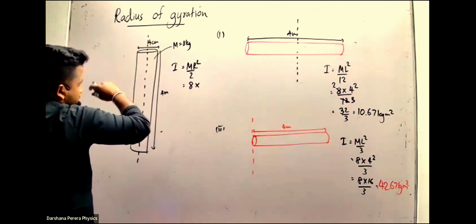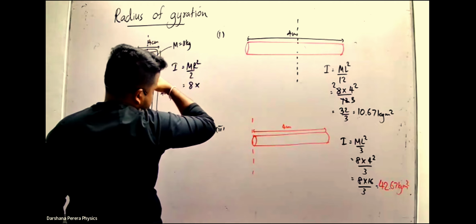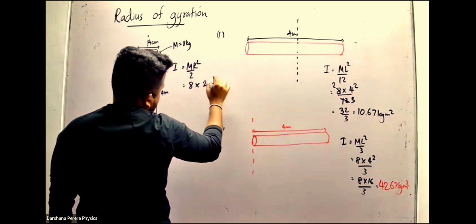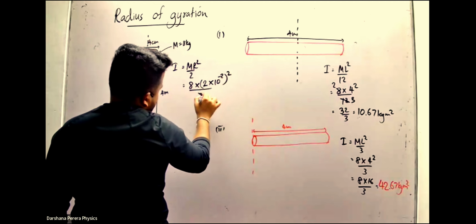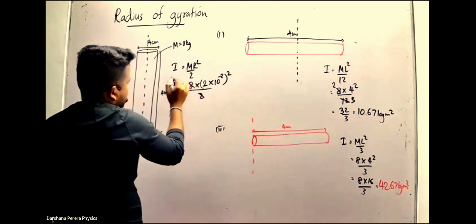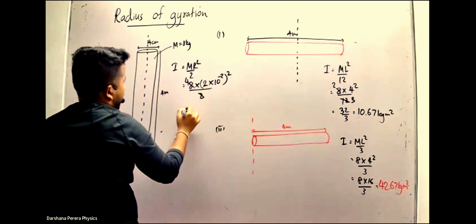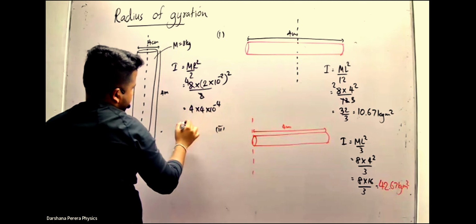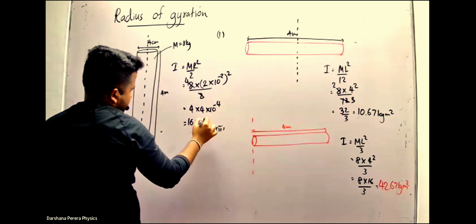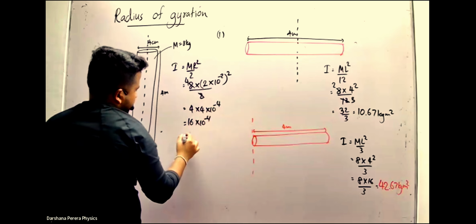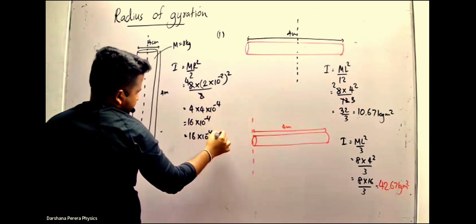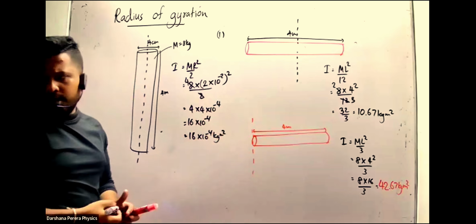R means 4 centimeter, not 4 centimeter, this is diameter, so 2 centimeter. 2 into 10 to the power minus 2 square over 2, which gives 16 into 10 to the power minus 4 kg m square.